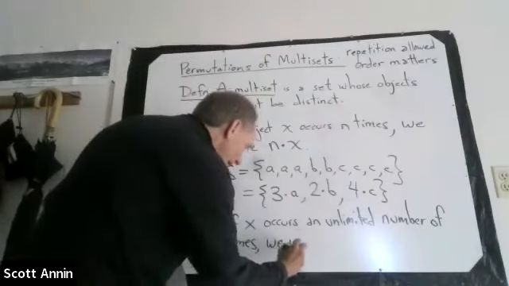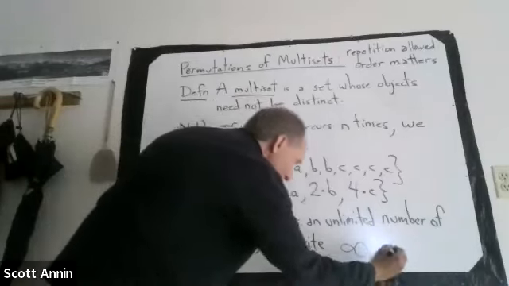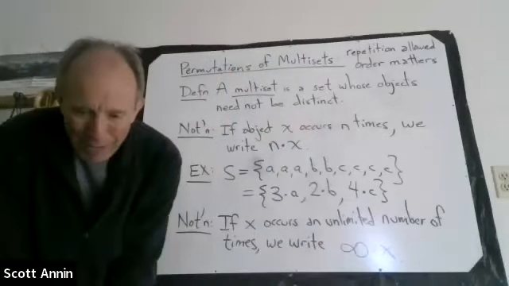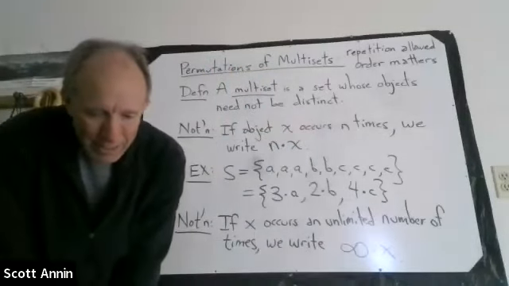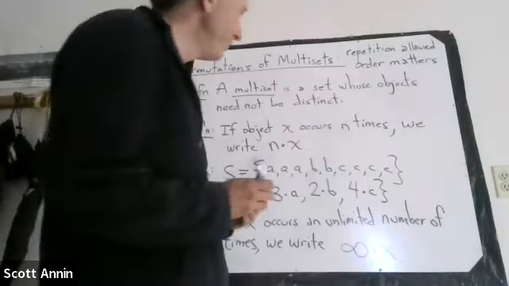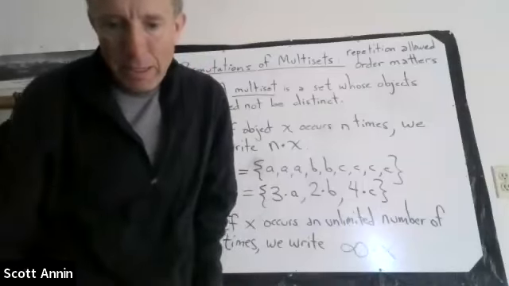We are going to write literally infinity dot x. So we're really abusing notation now when we write things like that. So that's a notation for this multiset.